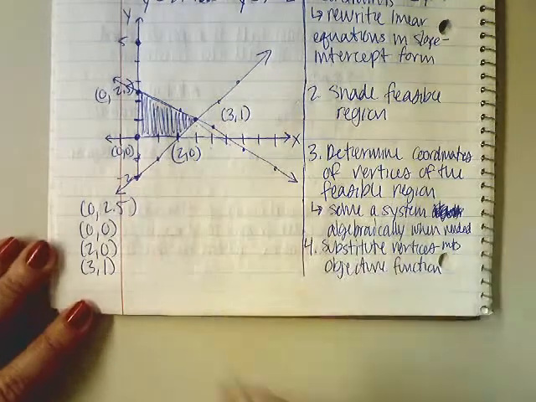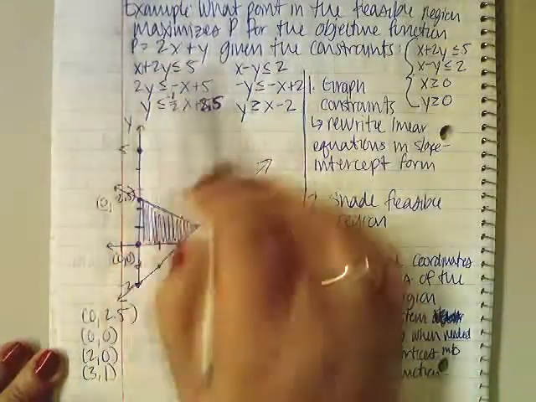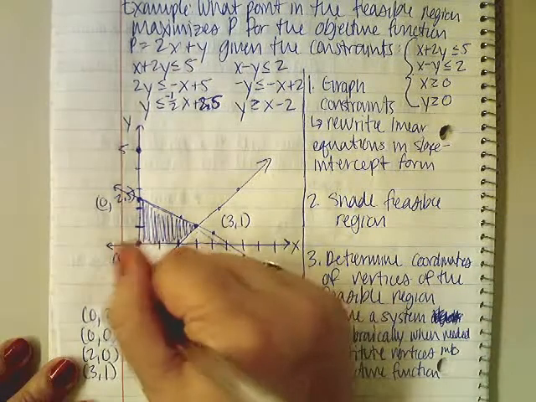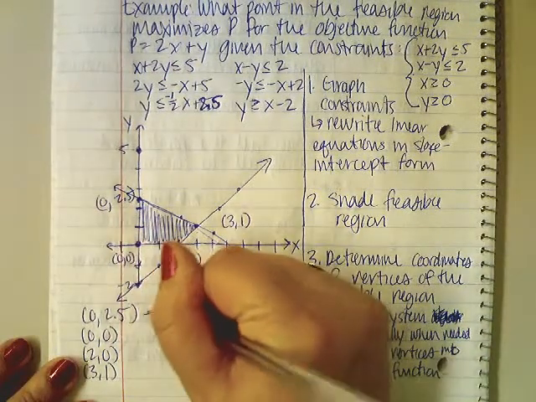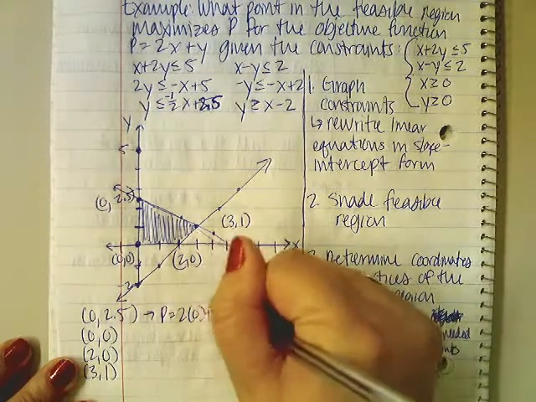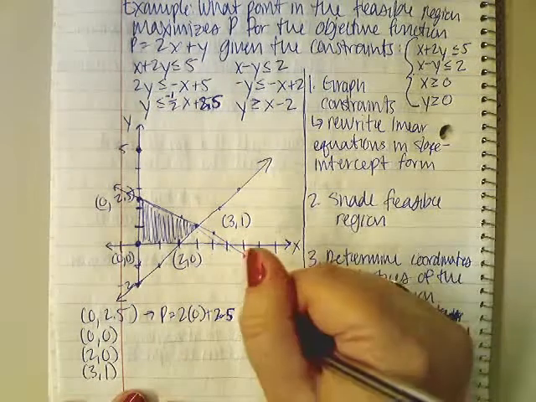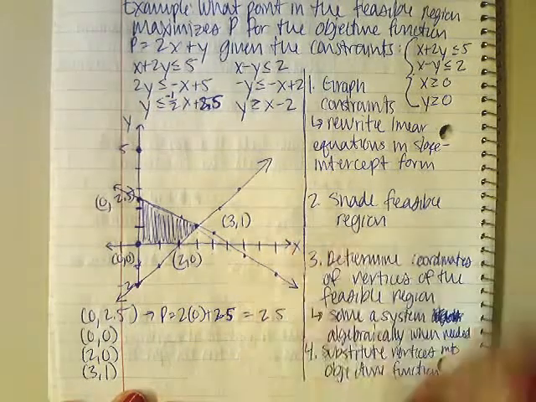I'm plugging all the vertices into my objective function, p equals 2x plus y. So when I plug that in, I get p equals 2 times 0 plus 2.5. 2 times 0 is 0 plus 2.5 is 2.5.